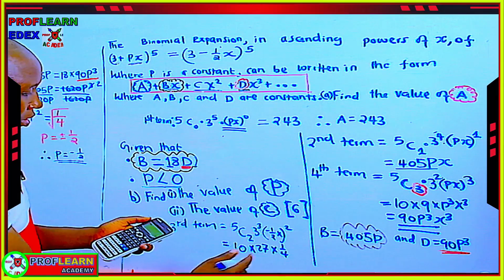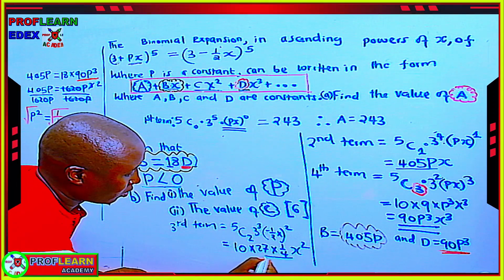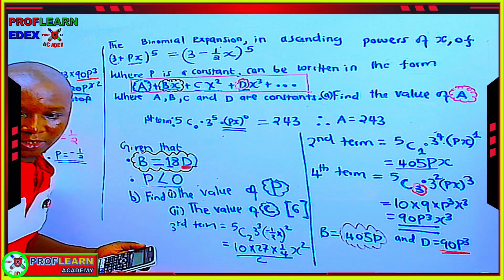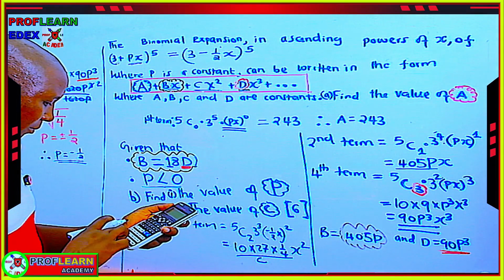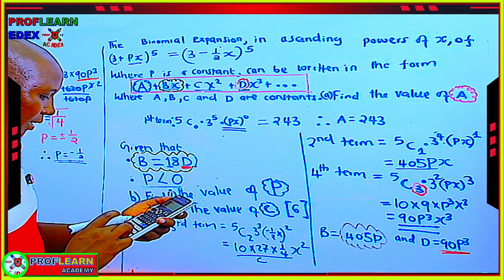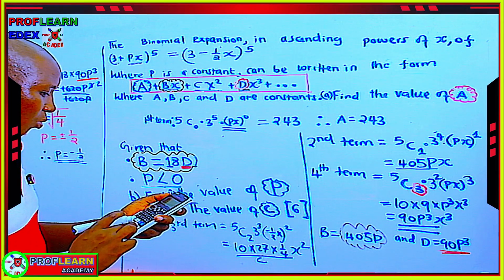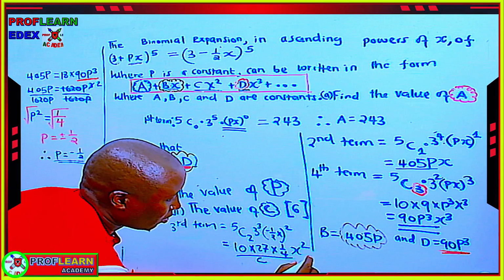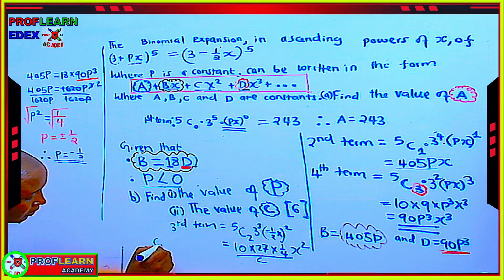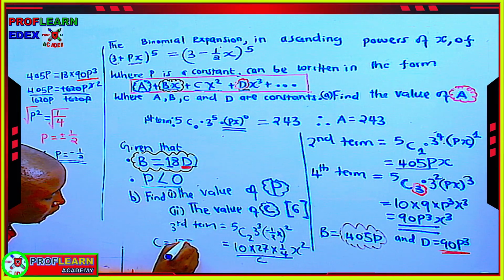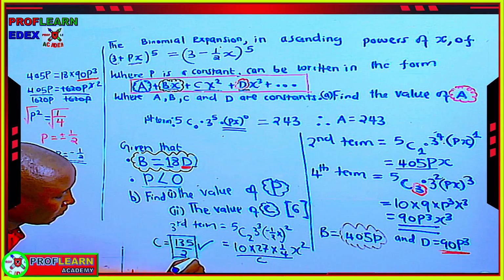Because C is the coefficient of x squared, this is actually going to be x squared here, so this is going to be our value of C. We multiply 27 times 1 over 4, and that is going to translate to 67.5, or 135 over 2. Our C is going to be 135 over 2 as our final answer.